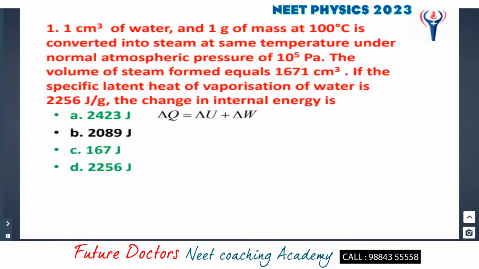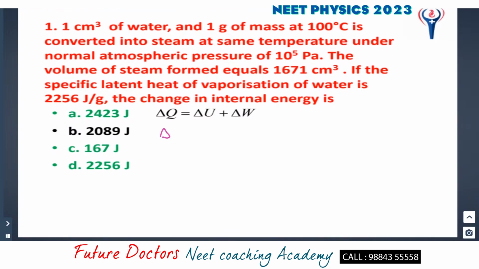Formula is ΔQ equal to ΔU plus ΔW. Here you want to find ΔU, that is the change in internal energy. ΔU equal to ΔQ minus ΔW. ΔQ you can find, that is M into L, because latent heat of vaporization is given as 2256 joules.